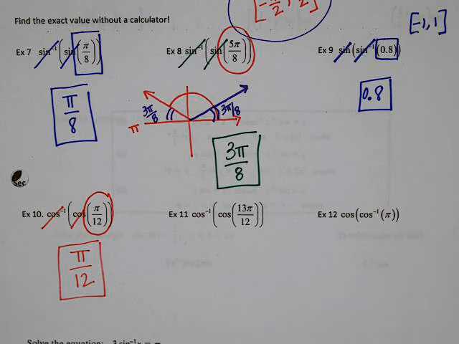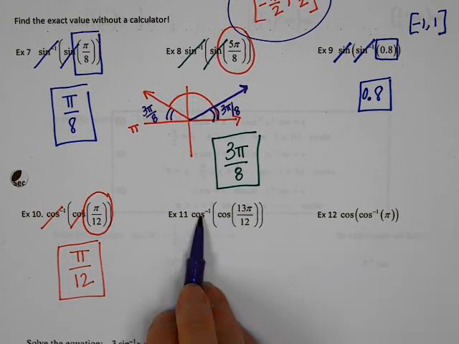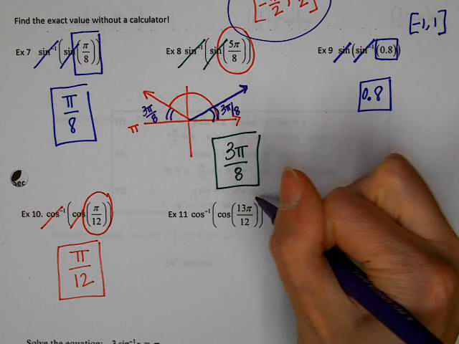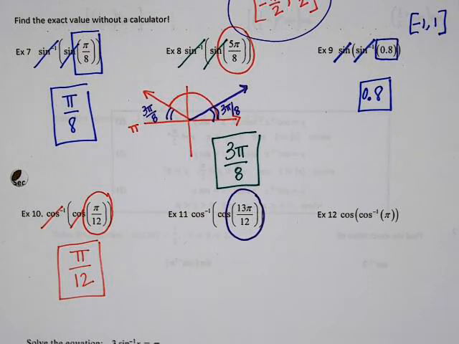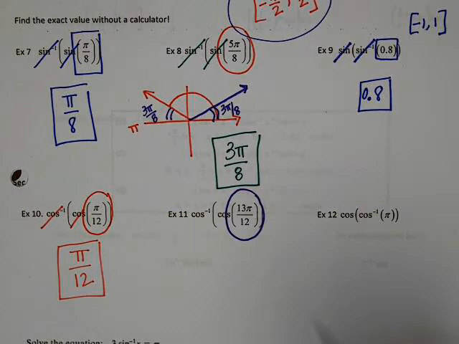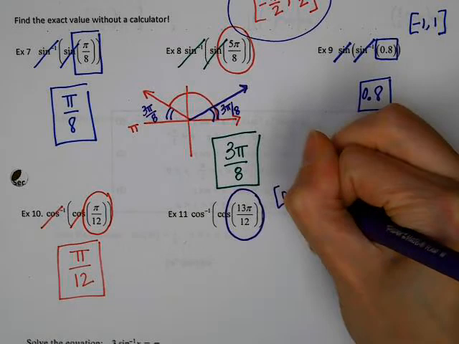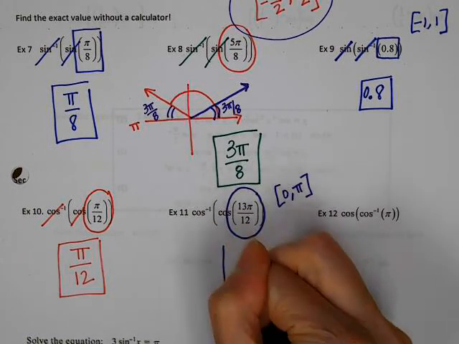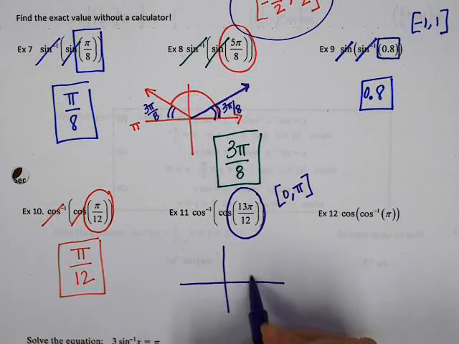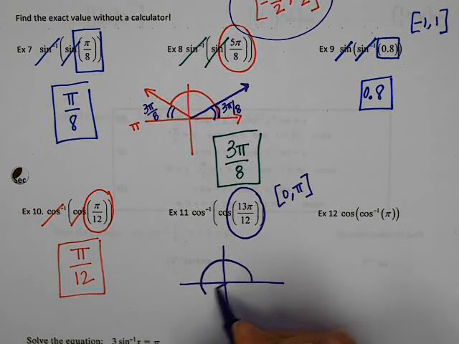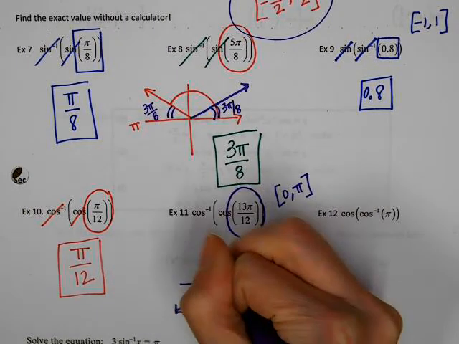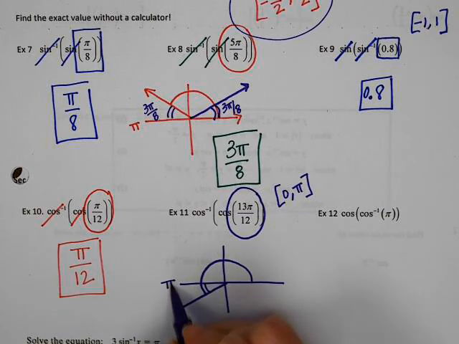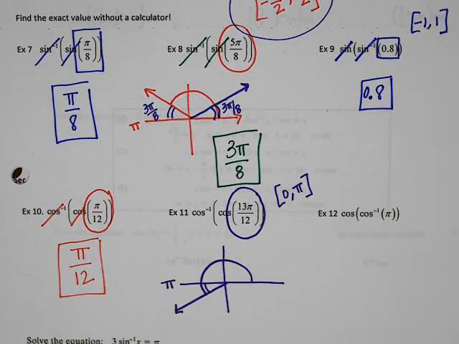Okay, now look at 11. If you inverse cosine a cosine, they cancel as long as this is within our range of inverse cosine. But unfortunately, 13 pi over 12 is outside of the range 0 to pi. So we need to find the reference angle and write it a different way. Okay, so let's see. So 13 pi over 12 is just pi over 12 more than pi, right? 13 pi over 12 minus 12 pi over 12.